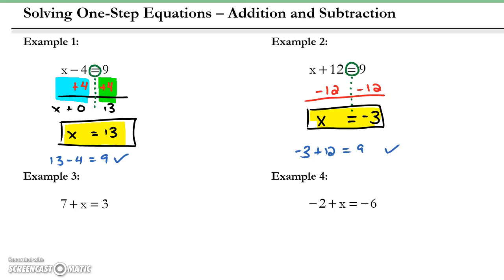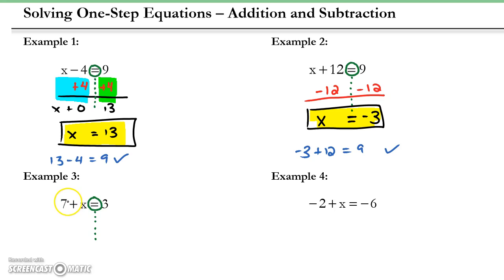Examples 3 and 4. These two problems are similar, but the major difference is I don't have my x listed first. This can be tricky, but you just have to make sure you focus on one additional thing. First step, equal sign with my dashed line or my dotted line to separate my two sides of the equation. Second step, we see addition and we automatically think, okay, if I'm going to solve, I have to do the opposite, that's subtraction.